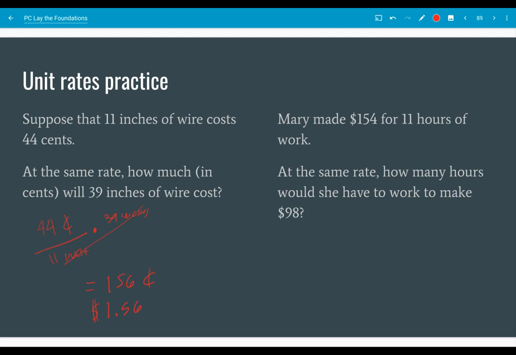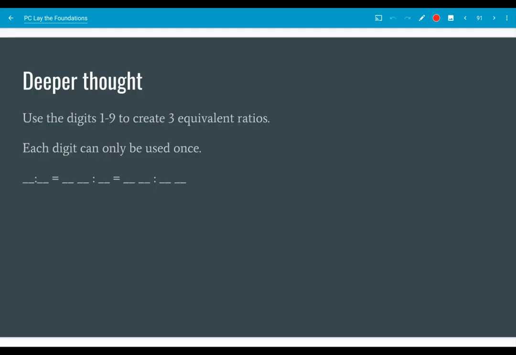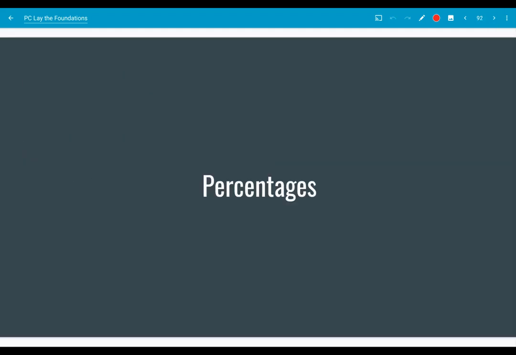So we should feel pretty confident that that is our answer. Now, see if you can figure out how many hours Mary would have to work. We're going to look at those two things in class.